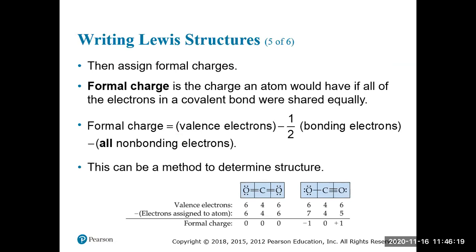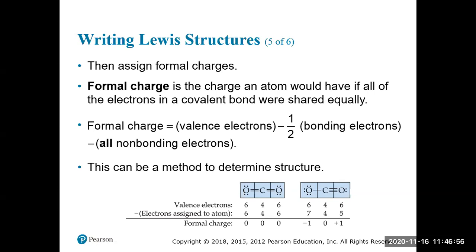Another thing that comes up is we can draw a structure more than one way, and yet they both satisfy the octet rule. And so down at the bottom of this slide, we see CO2, and we see it drawn 2 ways. One, where carbon has a double bond to each of the oxygen atoms, and the other option is carbon with a single bond to one oxygen and a triple bond to the other oxygen.